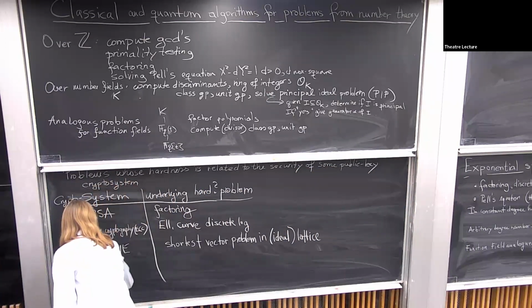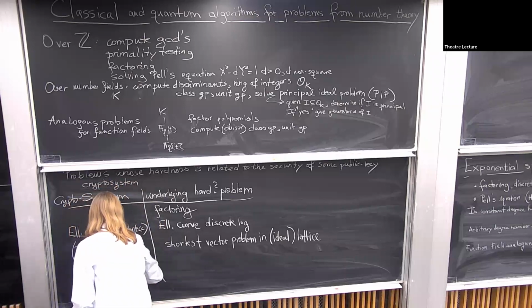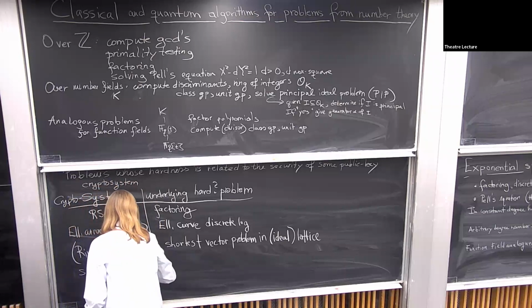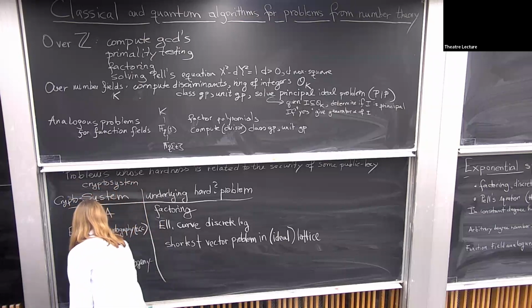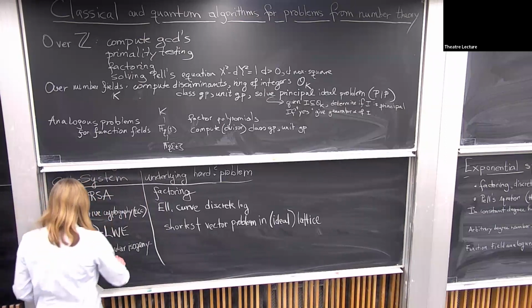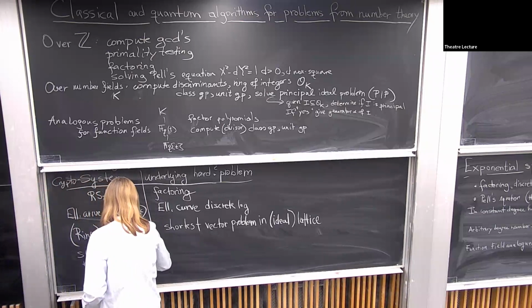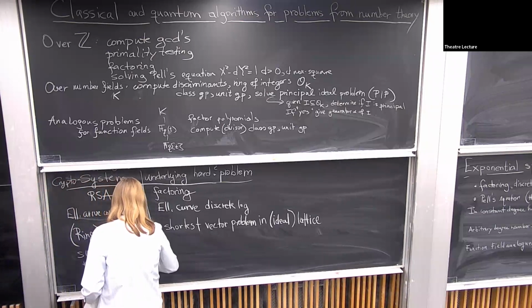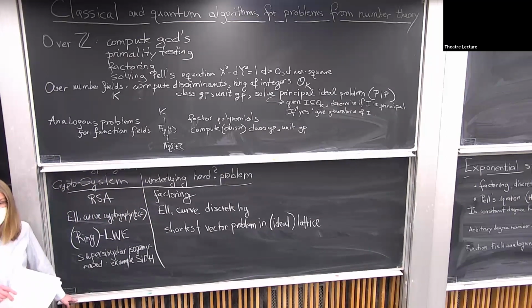So then there are the supersingular curves, supersingular isogeny-based crypto, which has several different instantiations. And I am going to give the example of SIDH. I'm only going to say what it stands for, supersingular isogeny Diffie-Hellman.